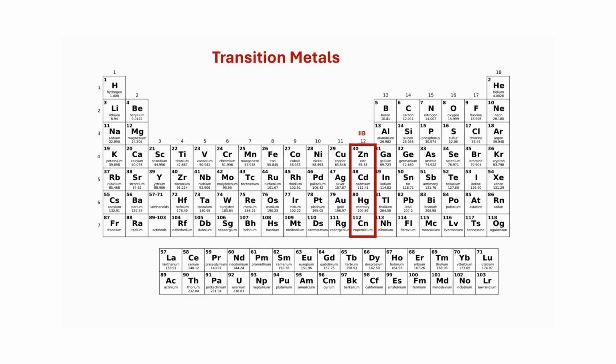For instance, iron could have a positive 3 charge or positive 2 charge. It all depends on what it's reacting with. Whereas copper sometimes can have a positive 1 charge or a positive 2 charge. Other transition metals such as zinc, cadmium, their charges do not change. Most of the time, zinc has a positive 2 charge and cadmium has a positive 2 charge as well.